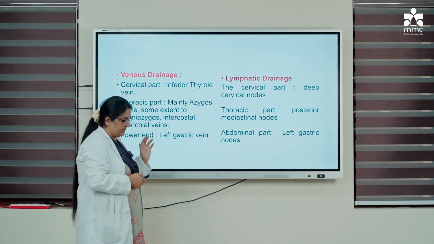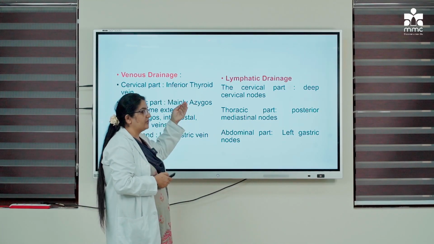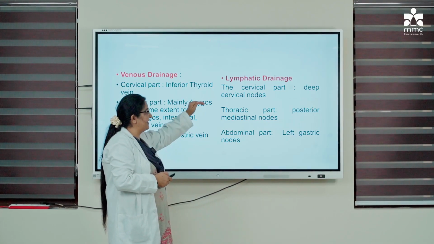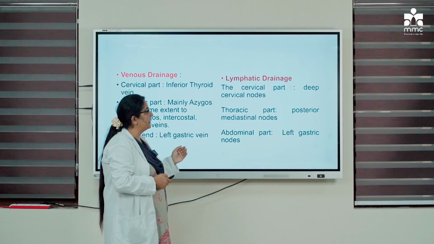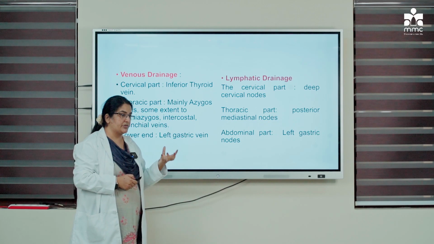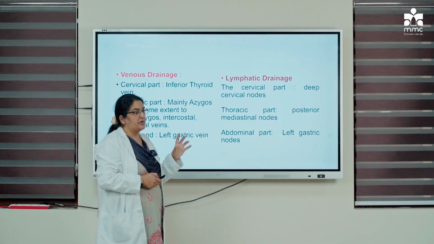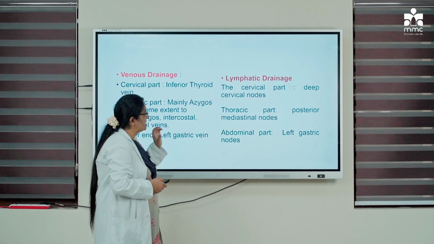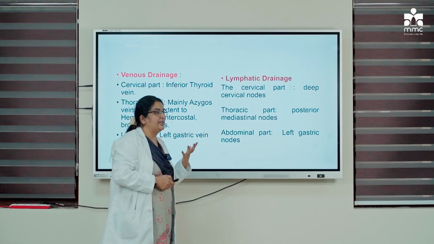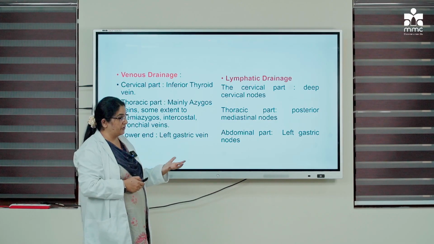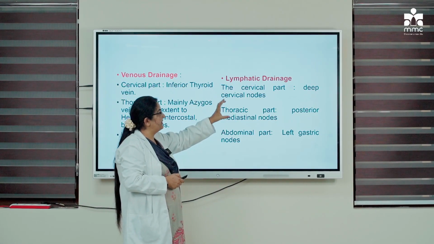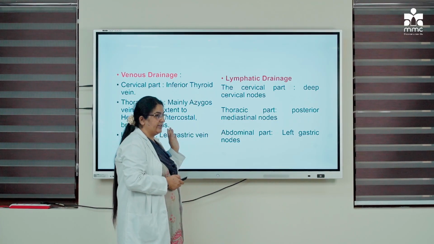Okay. Now come to the lymphatic drainage. What is there in the lymphatic drainage? Lymphatic drainage also we are going to divide into cervical part, thoracic part and abdominal part. Whatever are the nearby lymph nodes, they are going to drain the corresponding part of the esophagus. If we talk about the cervical part, obviously we have the group of deep cervical lymph nodes, so the upper or cervical part is drained by the deep cervical lymph nodes.